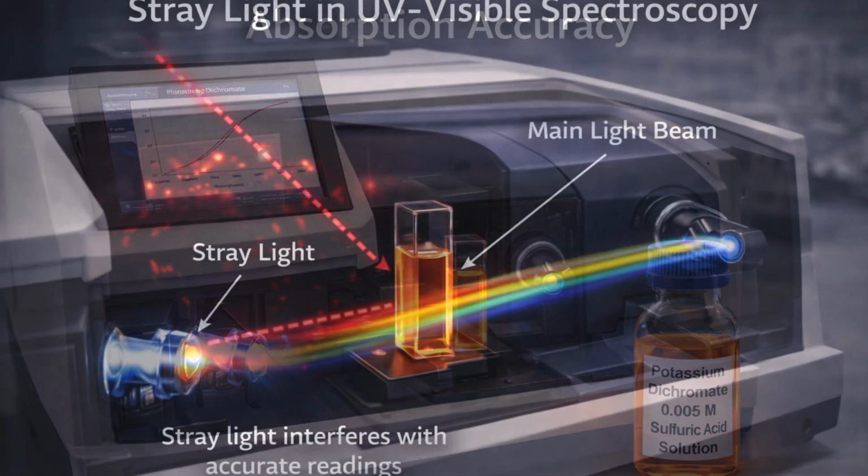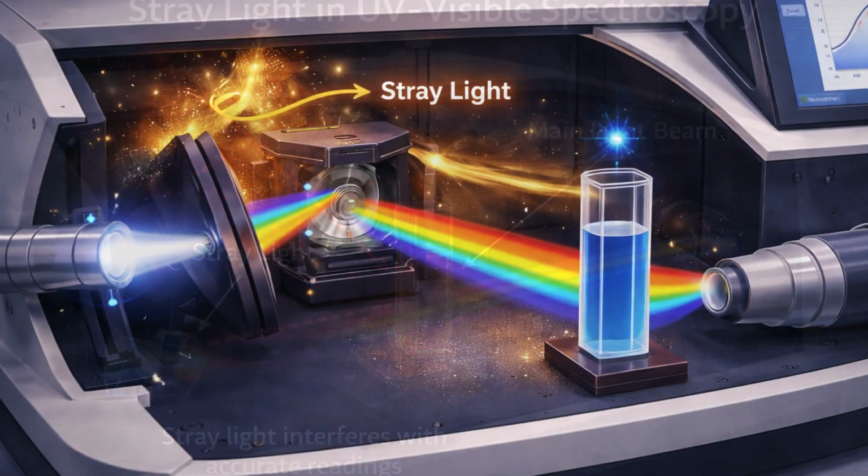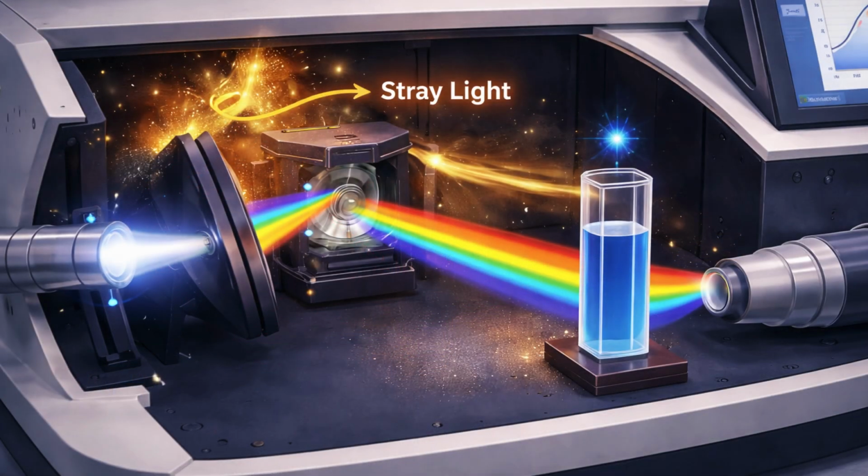The stray light test checks for unwanted light reaching the detector without passing through the sample. It ensures stray light does not reach the detector.